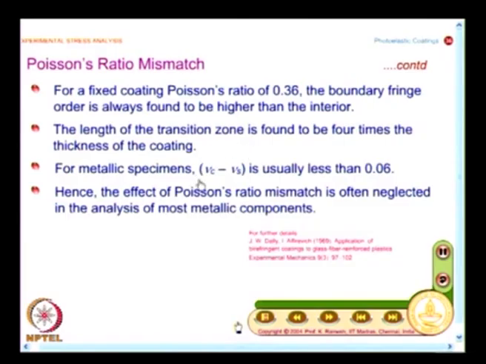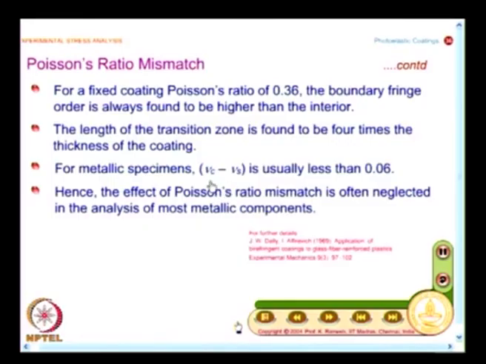And what you actually have to look at is, what is the change in the Poisson's ratio. You know metallic specimens, the Poisson's ratio is around 0.24 to 0.26 is what you have. So, typically the Poisson's ratio difference nu c minus nu s is usually less than 0.06. So, the final conclusion is, for most metallic components, the effect of Poisson's ratio mismatch is often neglected.